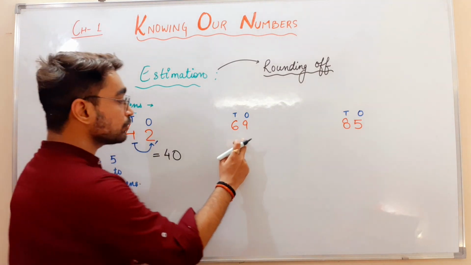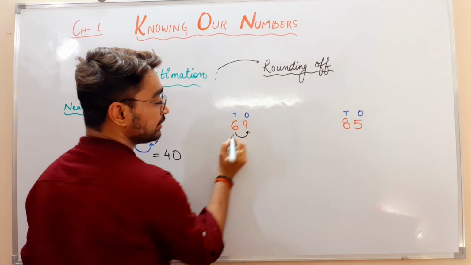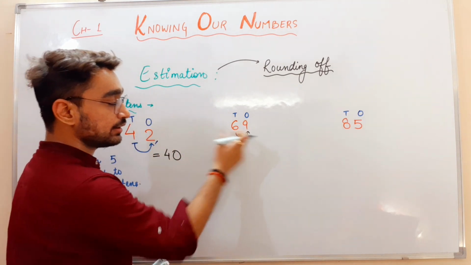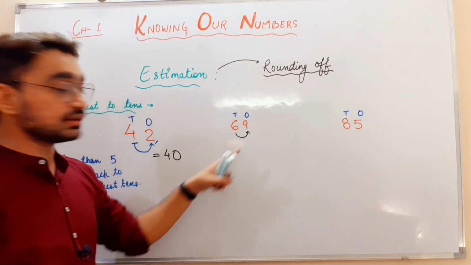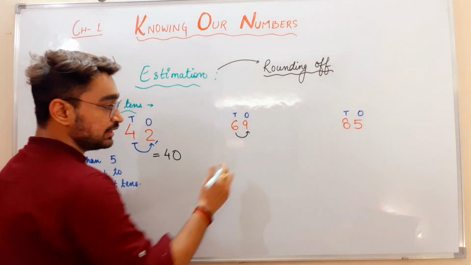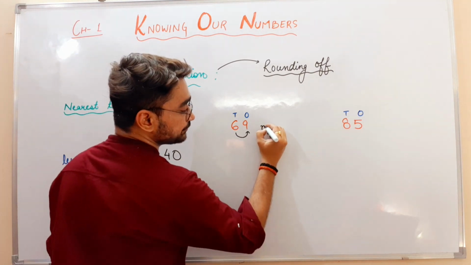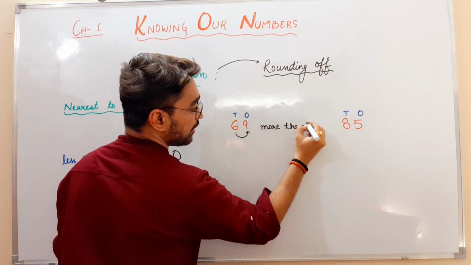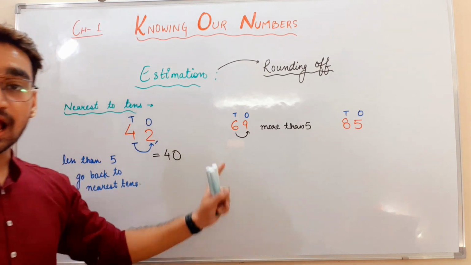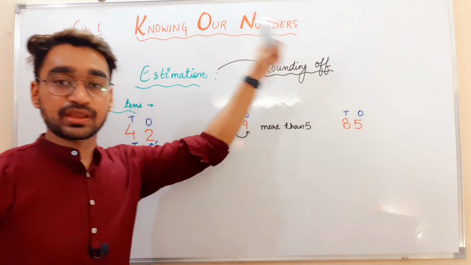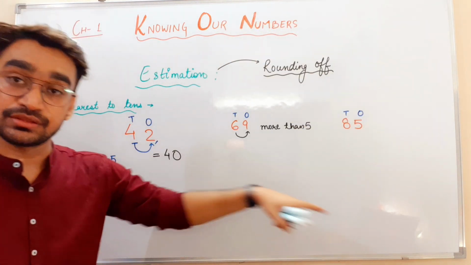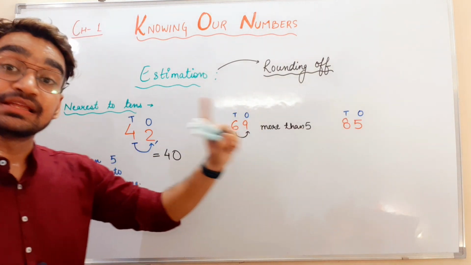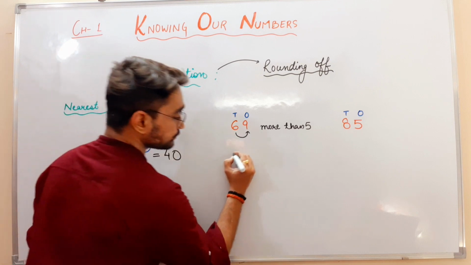If the number is more than 5, here I have to round off nearest to tens. 6 is on the tens, I have to look at 9. So if the number is nearest to tens, means 9 is more than 5, then what I have to do? I have to move forward to the nearest tens. What is the nearest tens to 69? What is the next after that? 70. Good.